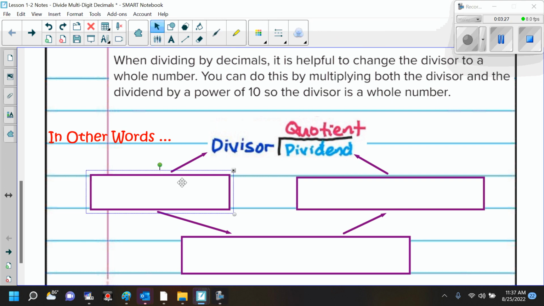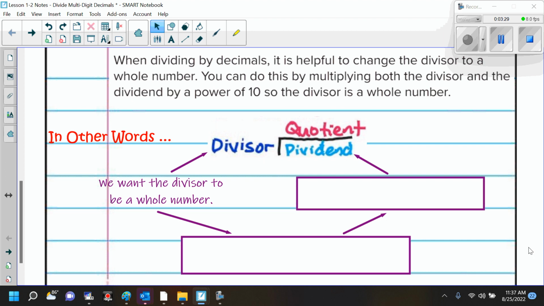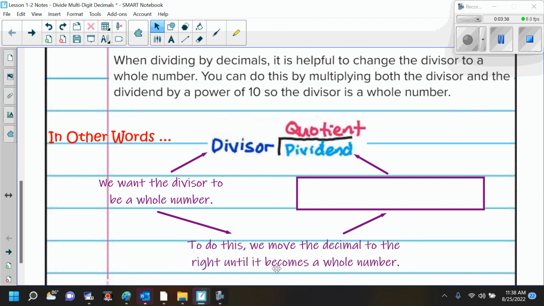So, the first thing we want to do is we want the divisor to be a whole number. So to do this, to make that divisor a whole number, we move the decimal to the right until it becomes a whole number.